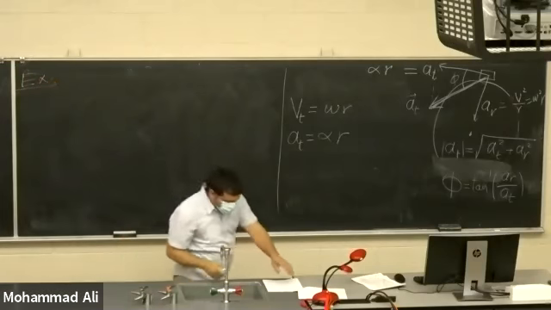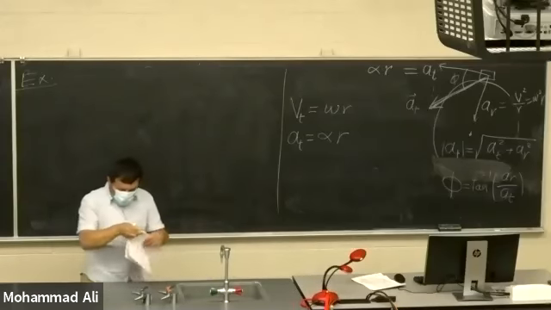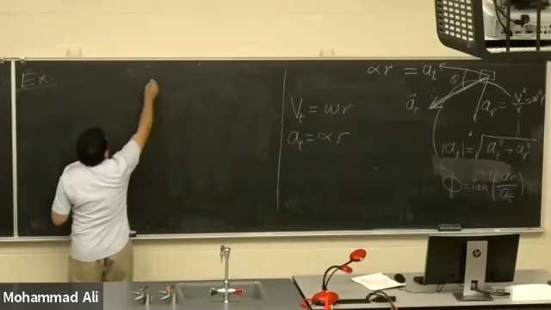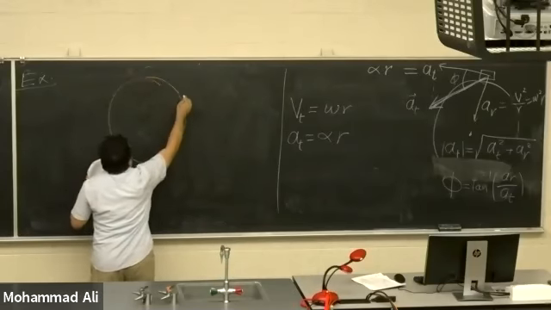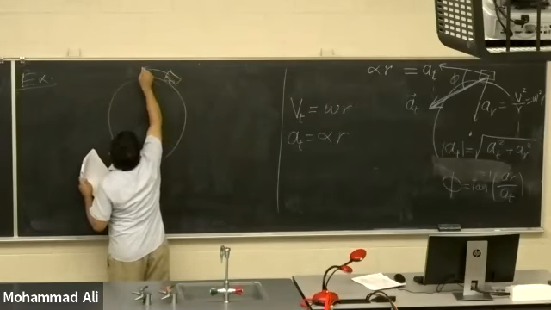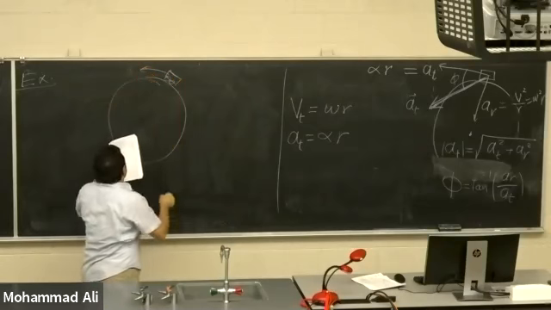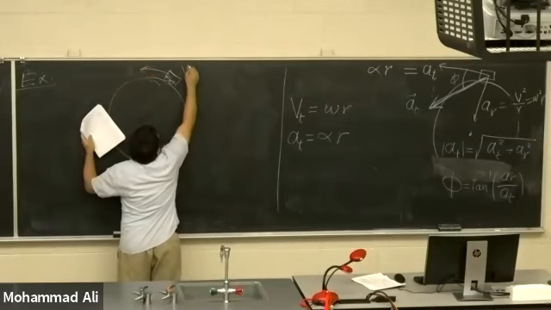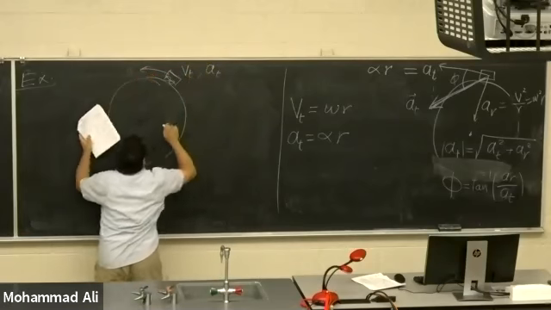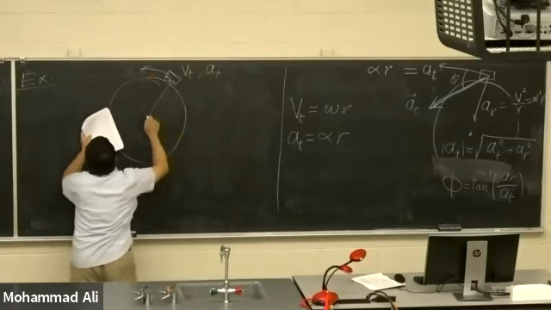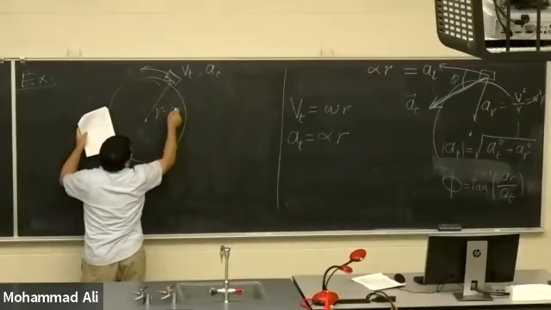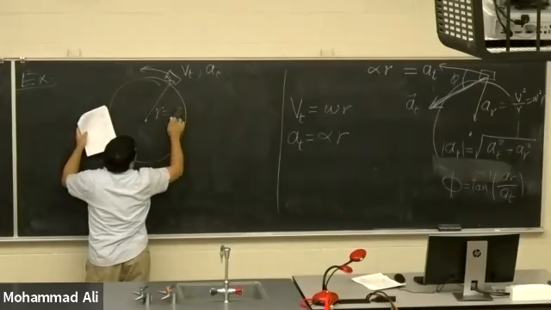If we have a car moving around the circle with a tangential velocity and a tangential acceleration, the radius is 25 meters.